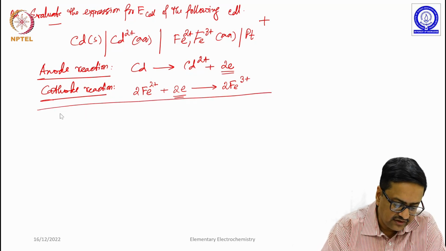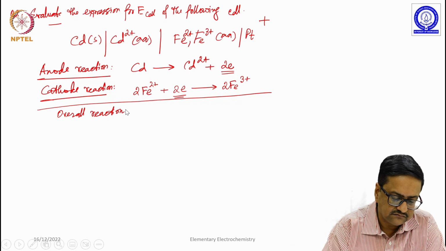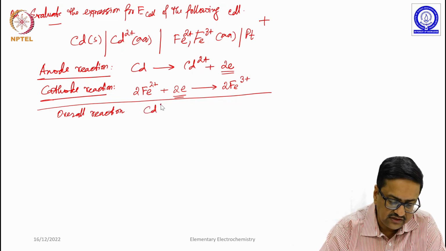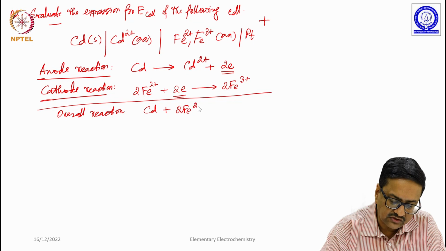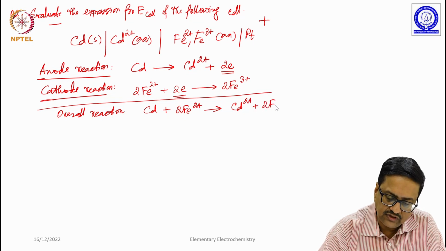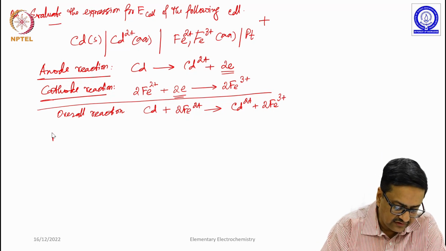So when you write the overall reaction, you can write it as Cd plus 2 Fe3 plus getting converted to Cd2 plus plus 2 Fe2 plus, right?